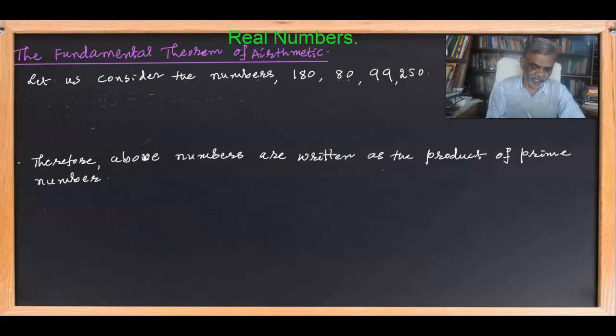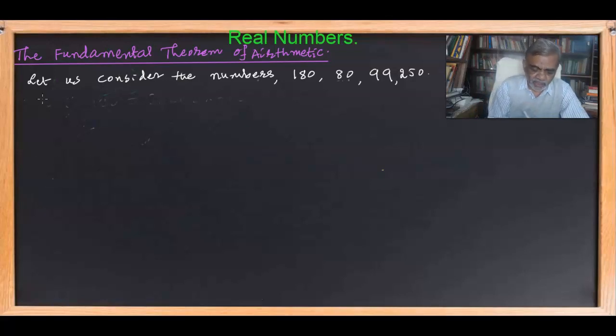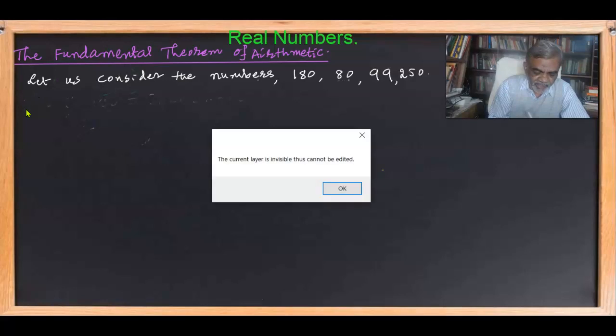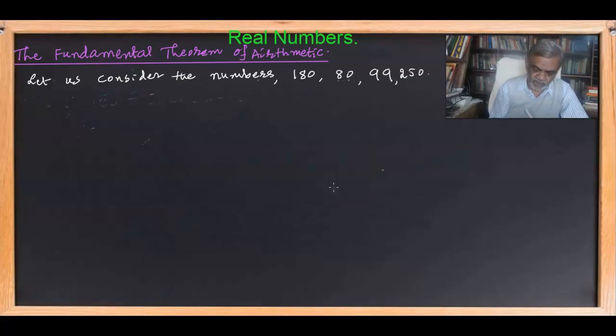Now we can see here 180 can be written as 2 into 2 into 3 into 3 into 5.